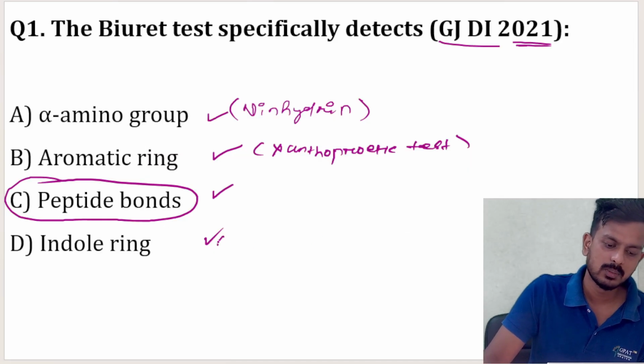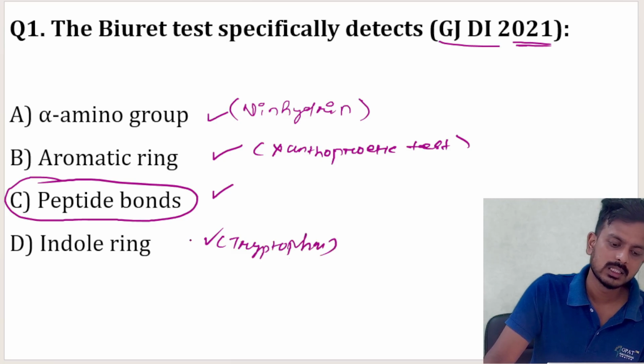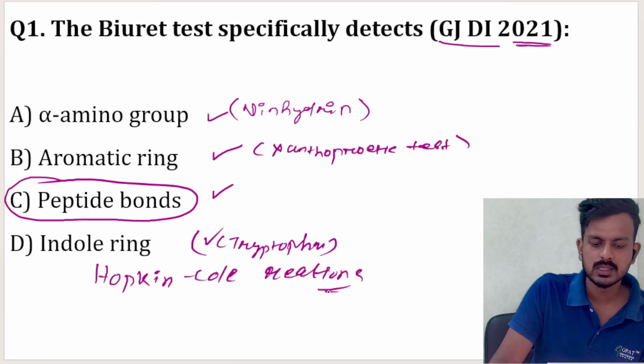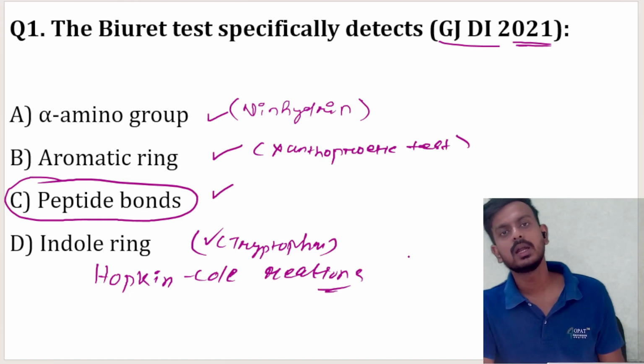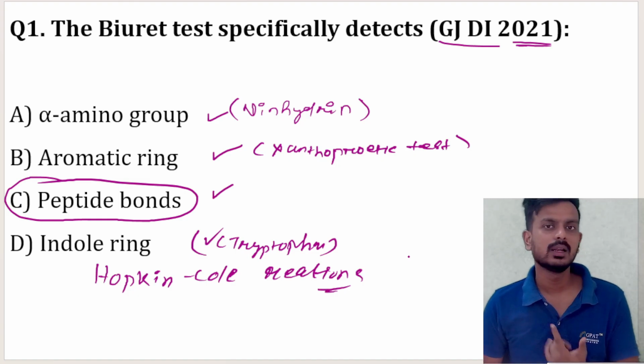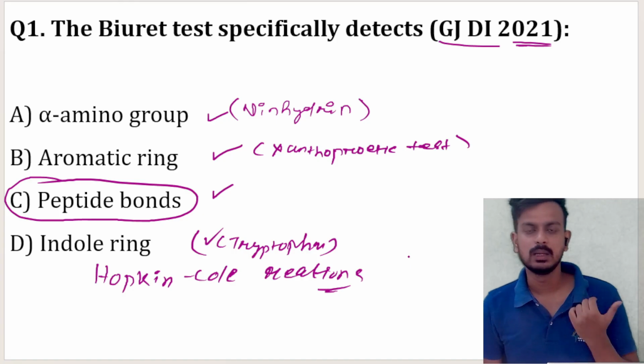This is present in tryptophan and is detected by the Hopkins-Cole reaction. Always check which option is correct, which other options are not correct, and why. That will help you analyze things in a better way.